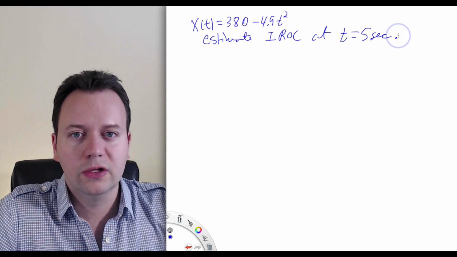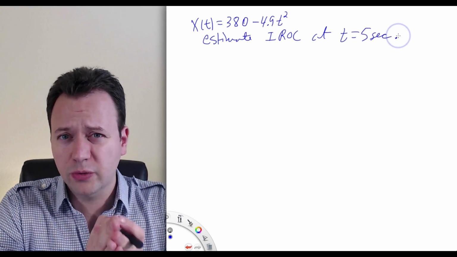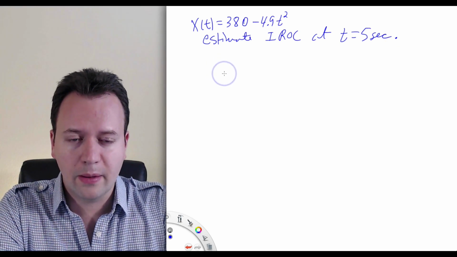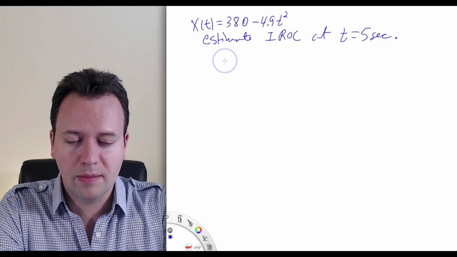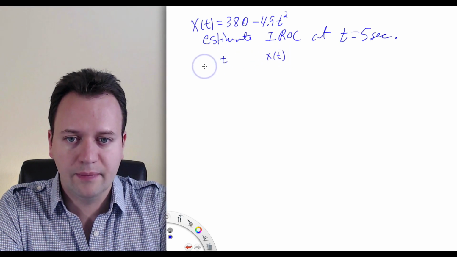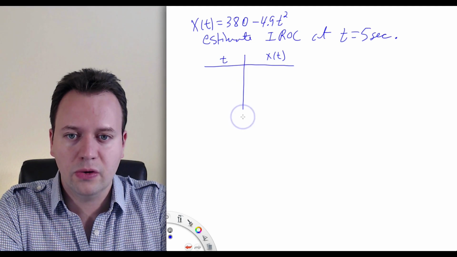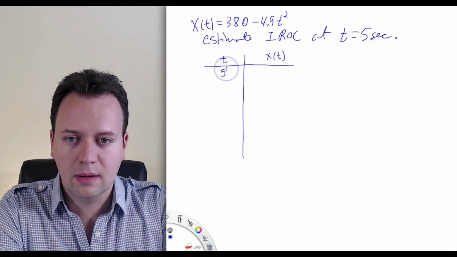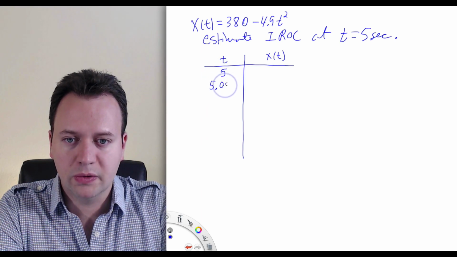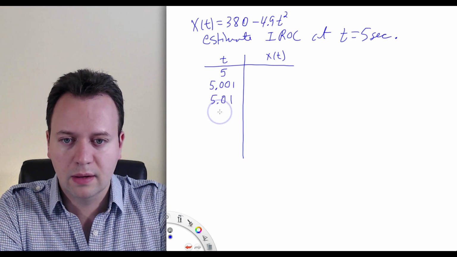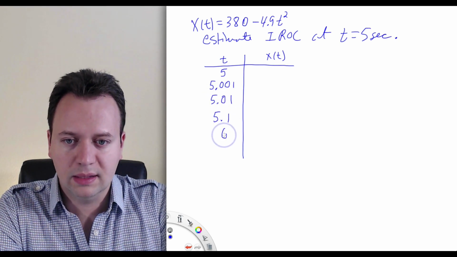So what we'll do is we'll compute the average rate of change over some smaller and smaller intervals. So we can make a table. So here's t, and here's x of t, and we can compute 5, 5.001, 5.01, 5.1, and 6.